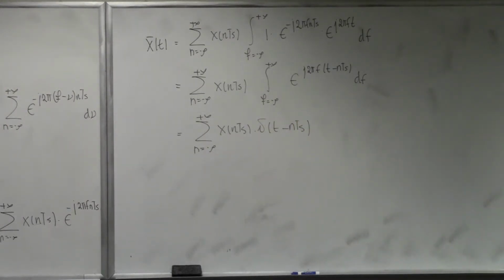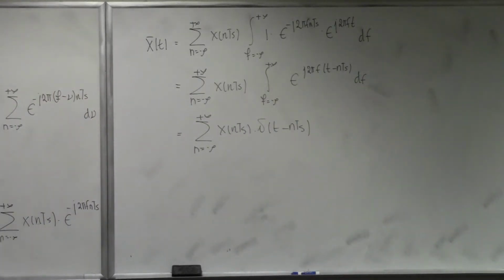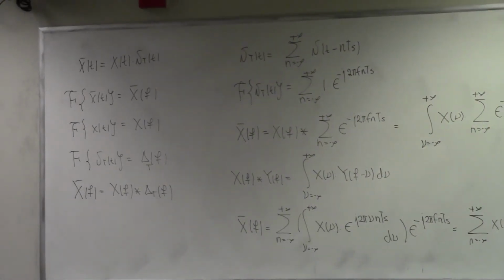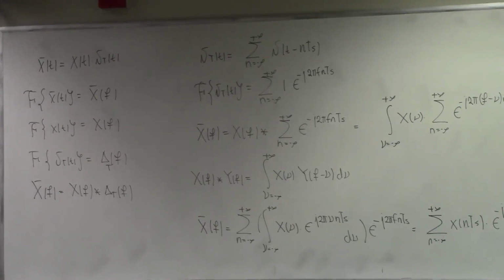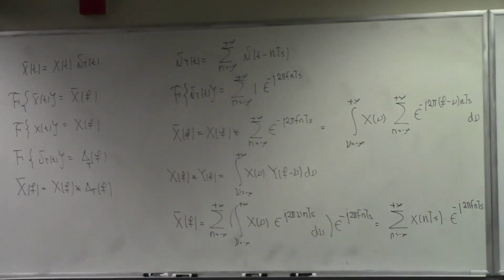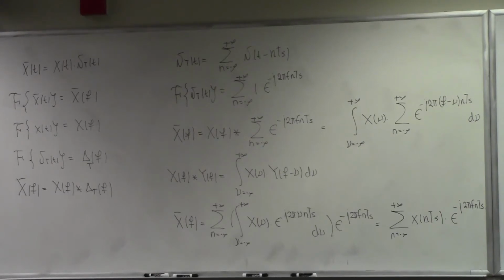I started by looking at what this is, and I kind of looped around. I don't know if this is proof of what the problem was asking, right? It says, derive the sampling theorem by considering the fact that the sampled signal x hat of t, using the frequency convolution property.